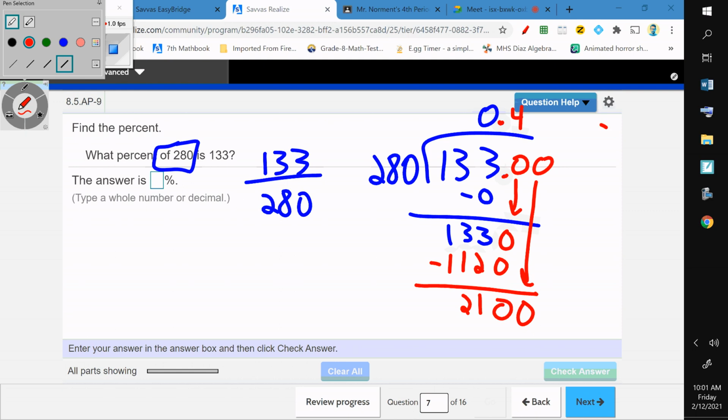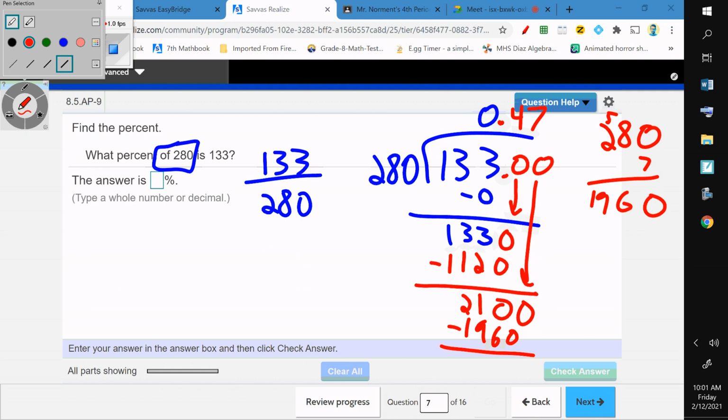I'm not sure about this one. I can't believe I gave you one of such big numbers. 1960. I think I can go, that's going to be 140. So it's right. 7. 1960. It's going to leave me with a difference of 140.